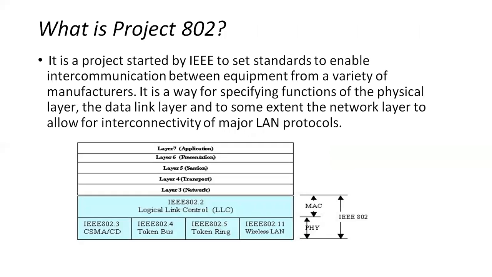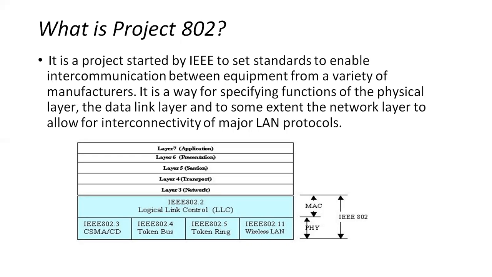What is Project 802? It is a project started by IEEE to set standards to enable intercommunication between equipment from a variety of manufacturers. It is a way of specifying functions of the physical layer, the data link layer, and to some extent the network layer to allow for interconnectivity of major LAN protocols.